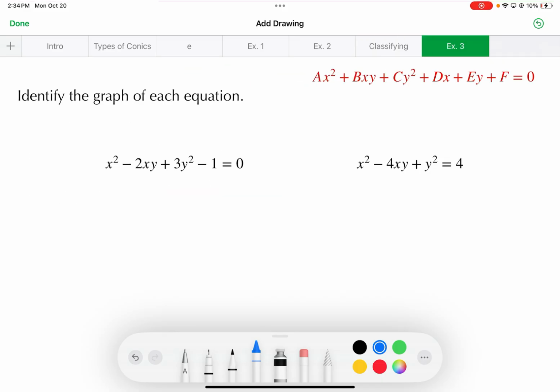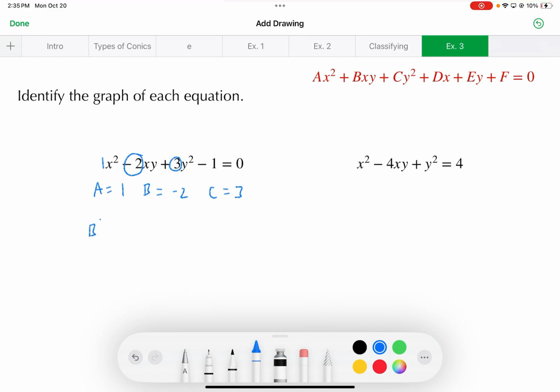All right, so final example. Identify the graph of each equation using the discriminant. Okay, I put the form up there in red for us to reference. Okay, so looking at the first equation on the left there, I would say A is 1 here. B is negative 2, the coefficient of the xy term, and C is 3.